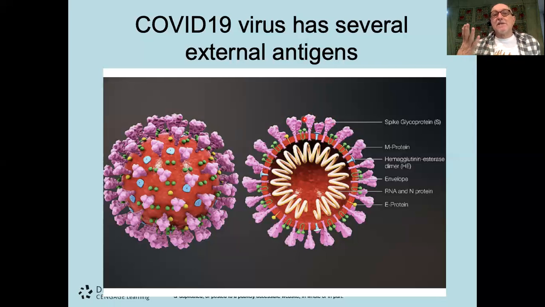So we need to understand something about the immune response itself in order to understand how a vaccine works, but also what is the course of a viral illness in relationship to our immune system.